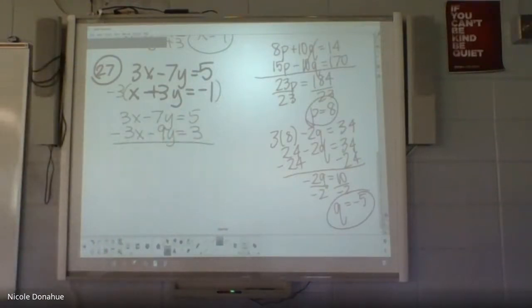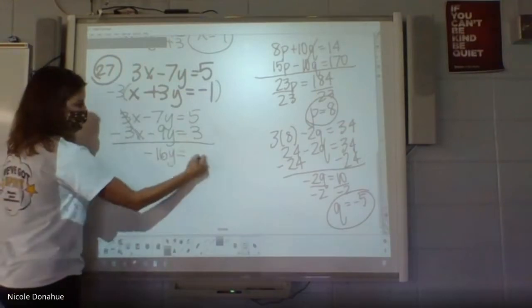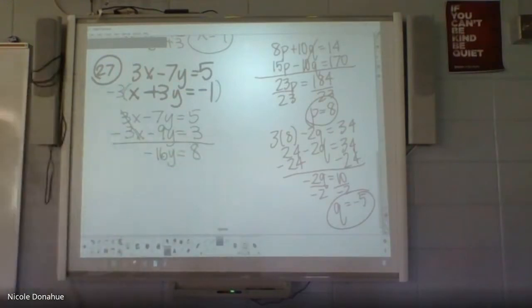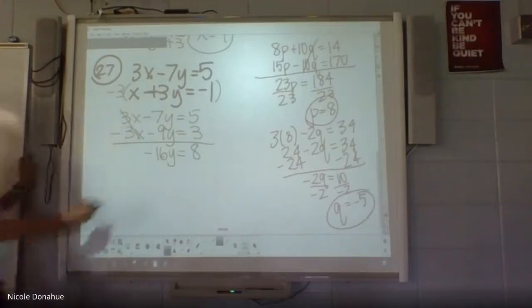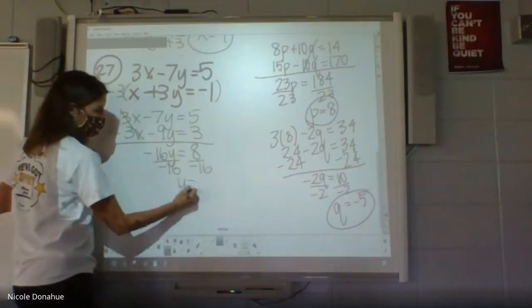This one's a decimal, so that's how you have to put it. So this is -16y, and then that's 8. So I divide by -16, and it actually is just -1/2 or -0.5.